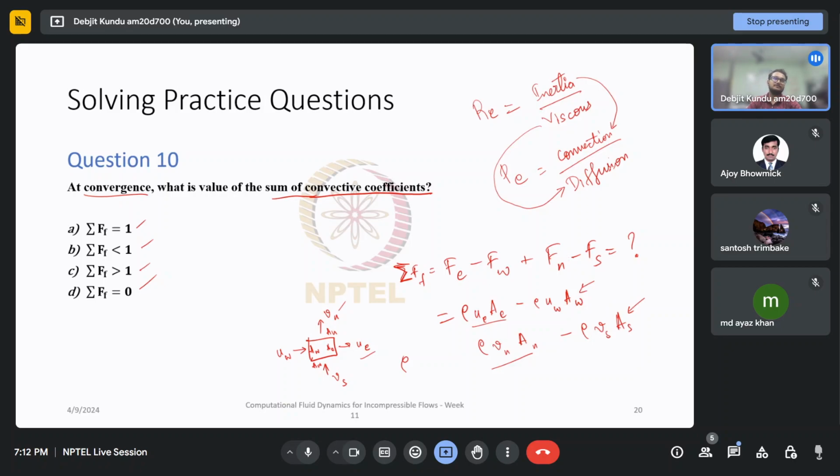And the net sum of that is this summation. What should that be at convergence? What is the net influx or outflux of a fluid at convergence? And remember, this is for incompressible flow, so rho is constant.